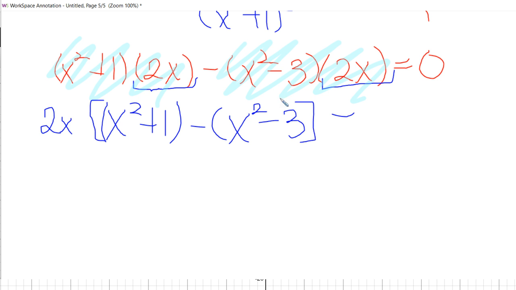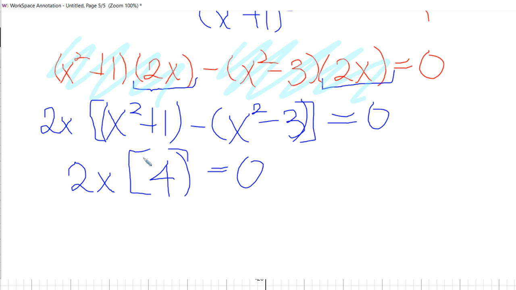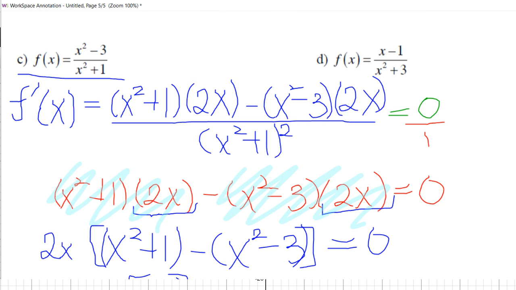So we get 2x, and inside the bracket we get just 4, equals 0, which is 8x equals 0, so my x has to be 0. We're saying that at 0 of this function, we're going to have a horizontal slope. Now, we know that x is 0, however, what will be our y? If you plug it in for our actual coordinate point, it'll be 0 and negative 3.